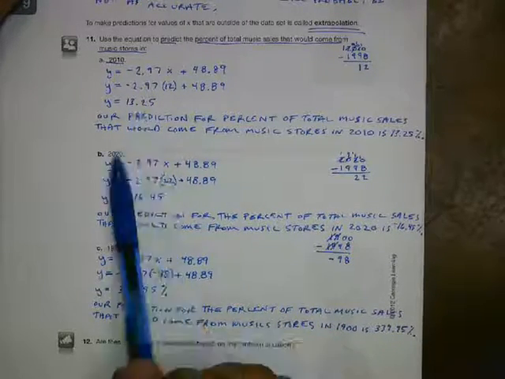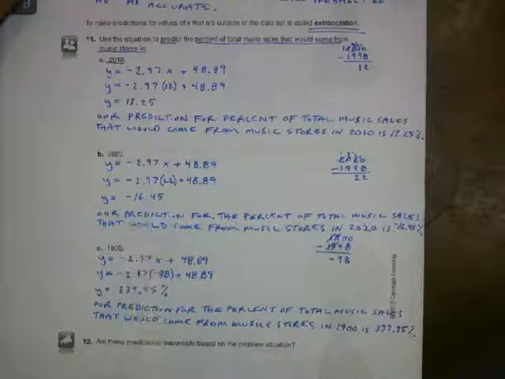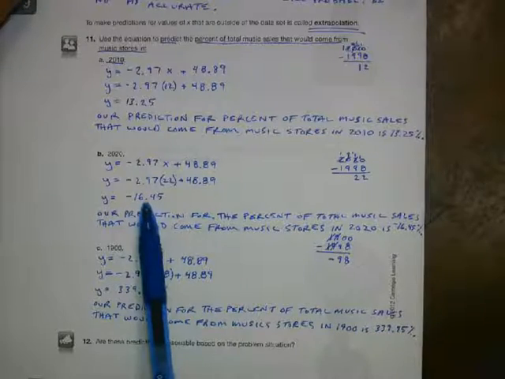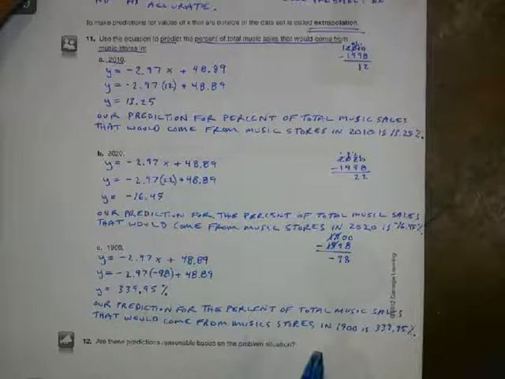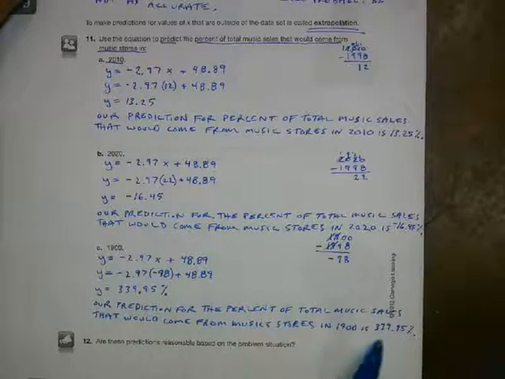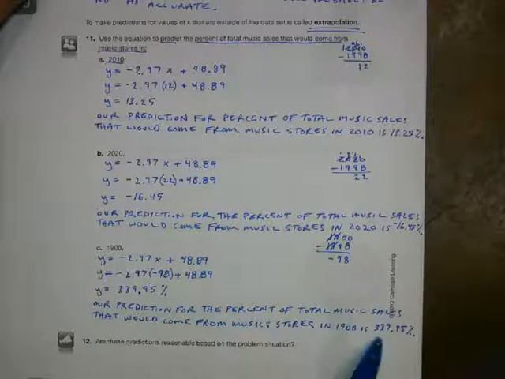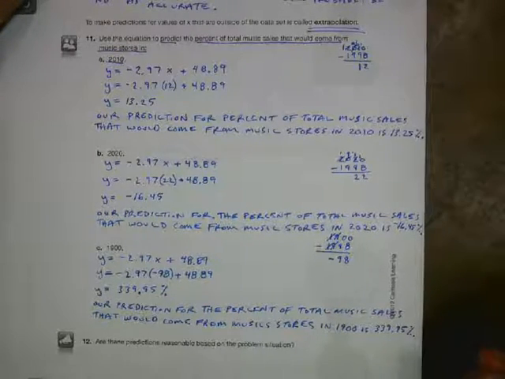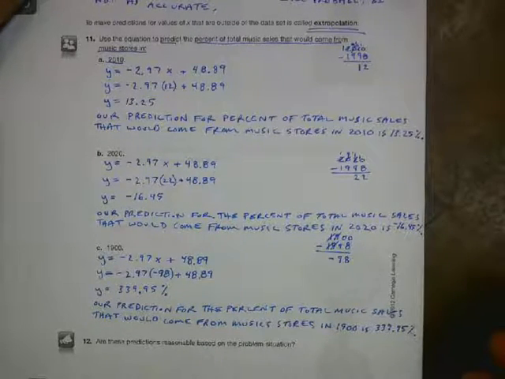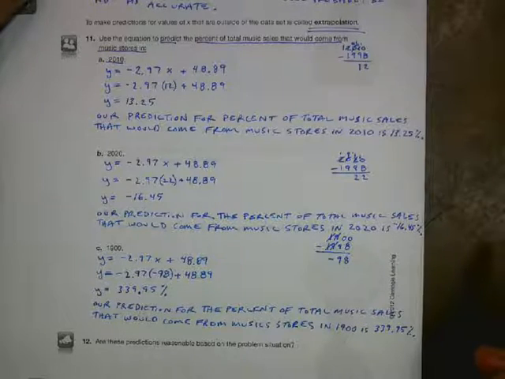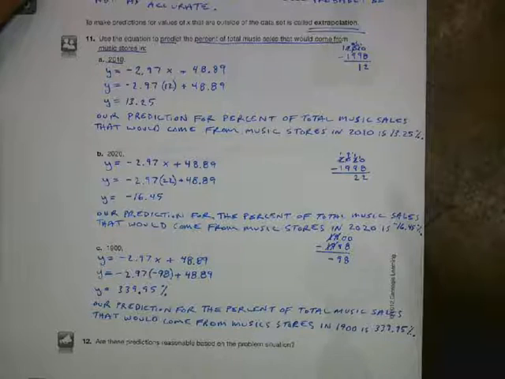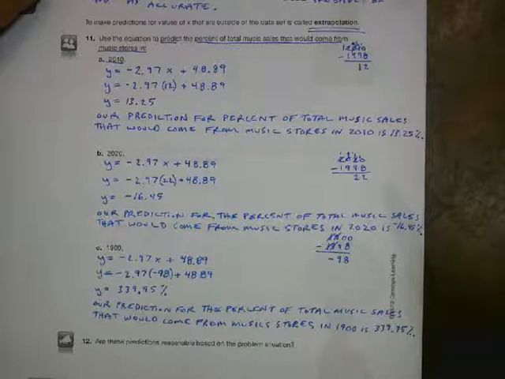In the year 2020, we have a negative 16.45%. And in the year 1900, we have a 339.95%. So 2010 seems reasonable, but the predictions for 2020 and the year 1900 don't seem reasonable. Simply because it's impossible to have a negative percent and to have a percentage over 100%.